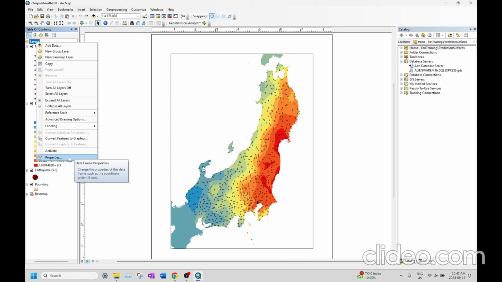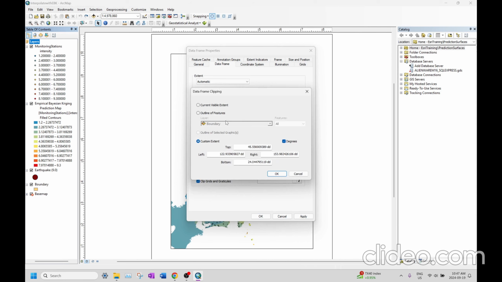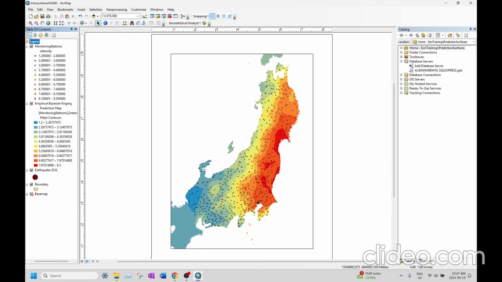The second step is to change the layer property in the data frame. It was no clip, but you want clip to shape, and specify the shape. The shape is the boundary, which is the Japanese map. And click apply. You can have this.